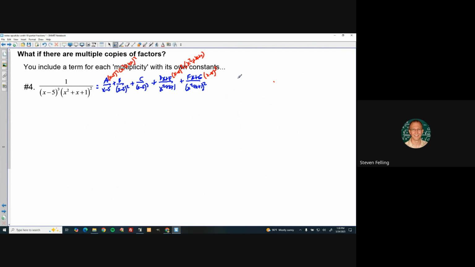You can see how this could get out of hand big time, right? Plus we have 1, 2, 3, 4, 5, 6, 7 unknowns, which means we're going to have a system of 7 equations in the end. We're going to match up like x to the 7th powers, x to the 6th powers, x to the 5th powers, and so on, along with the constants. So we won't do anything that complicated, but you can know that you can have any number of multiplicity of linear or quadratic factors in this procedure.